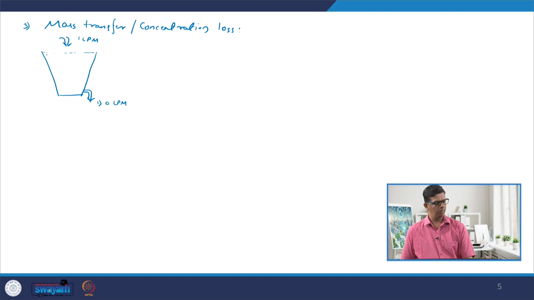This will lead to complete filling of the bucket all the time. This is the case when we are drawing no current from the cell. Let us say you start drawing a small amount of water from this bucket, for example 0.3 LPM. When you take some quantity of water from the bucket, the water level in the reservoir will be reduced slightly.